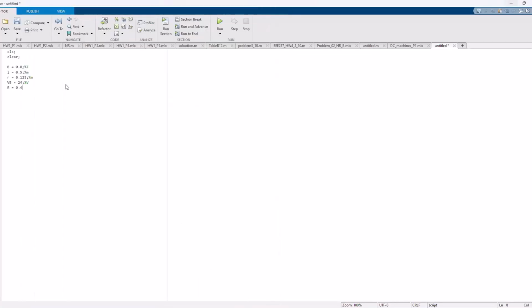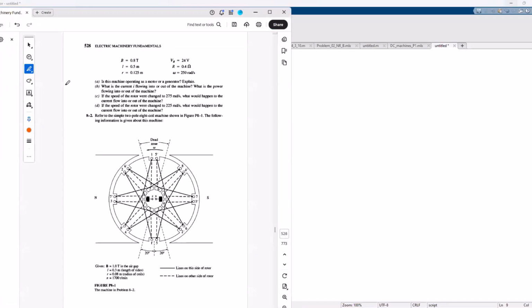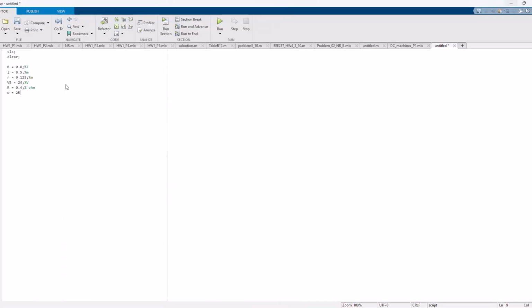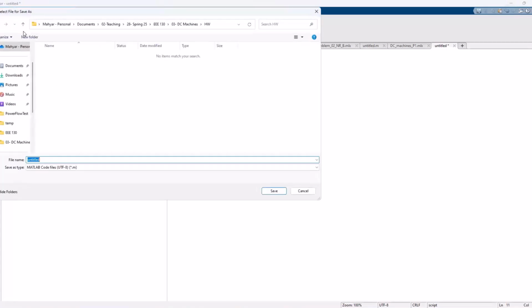R is equal to 0.4 ohms. And omega is 250 radians per second. So we have E induced equal to 2 times R, L, omega, B, right? So this gives us the voltage in volts because everything is in SI.